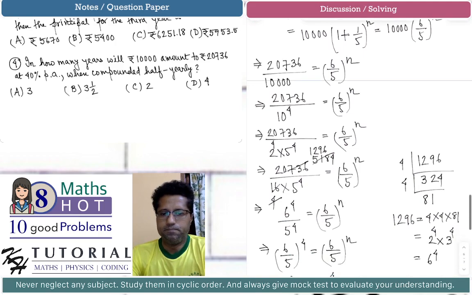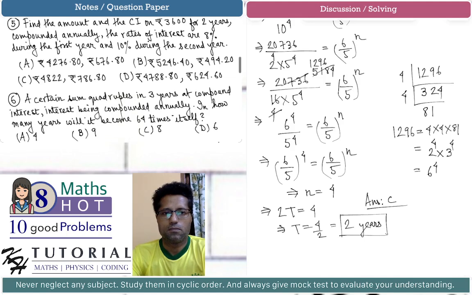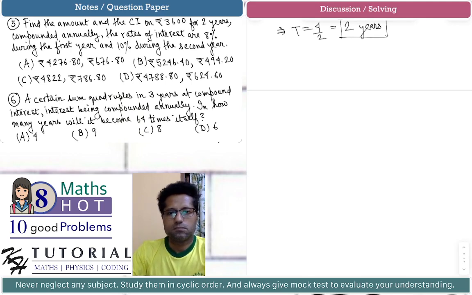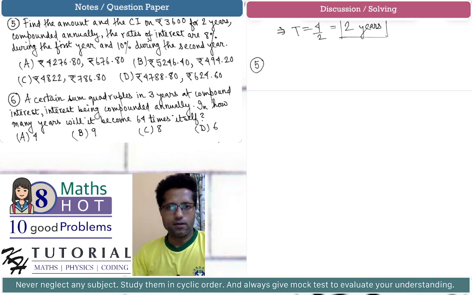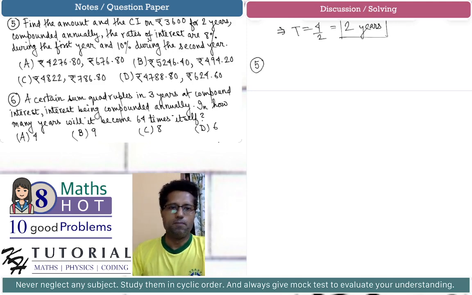Okay, let's do problem number 5. Find the amount and the compound interest on rupees 3,600 for 2 years, compounded annually.